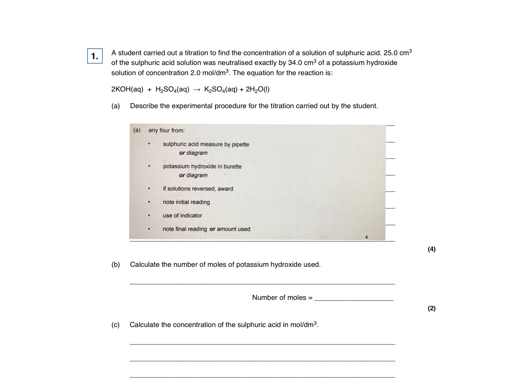The next point was the number of moles of potassium hydroxide used. So remember, the number of moles is equal to your concentration times volume. We are told that we have 34 cm³ potassium hydroxide, and we're told the concentration.